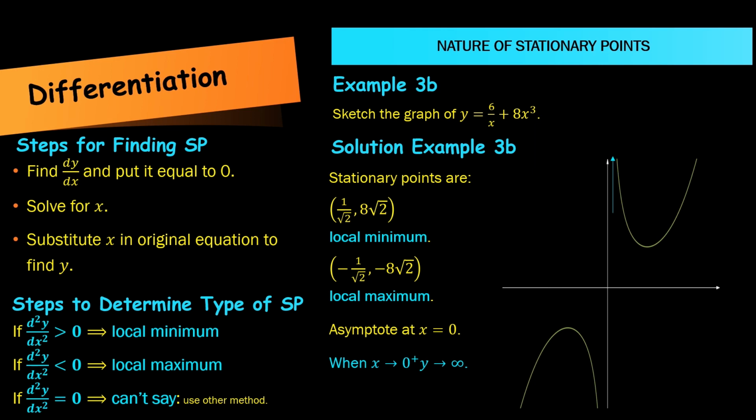When that's happening, we're getting larger and larger values of y, and therefore y tends to infinity as x approaches 0 from above. And when x approaches 0 from below, y tends to minus infinity. So here's our graph.